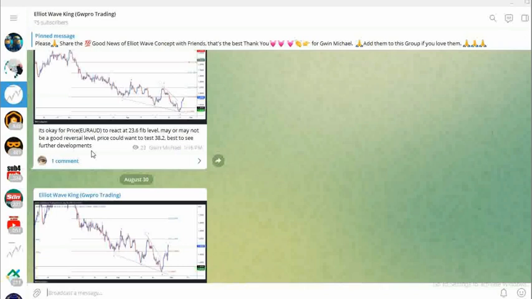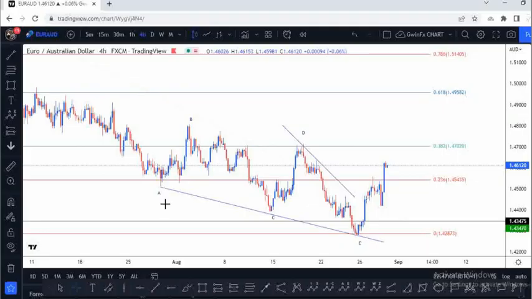That area around 38.2 is also a very good and important area that price could bounce off before reversing. However, price did reject 23.6, but it wasn't really a good area for me to start looking for opportunities, and that's why I sent out that notification on the channel.